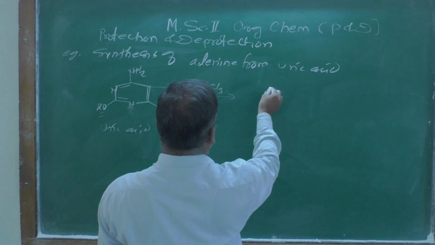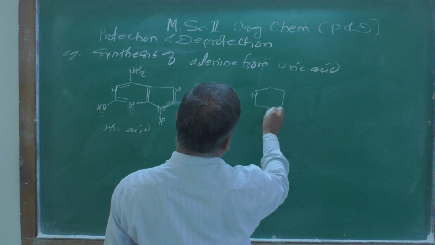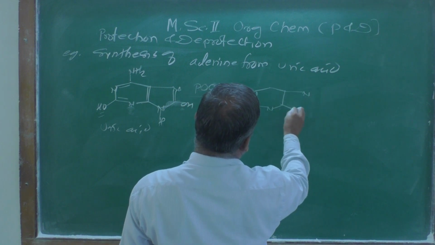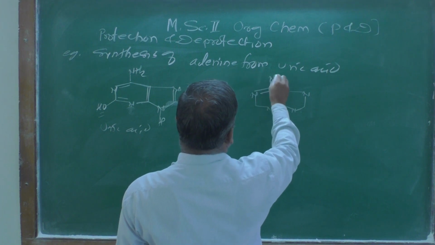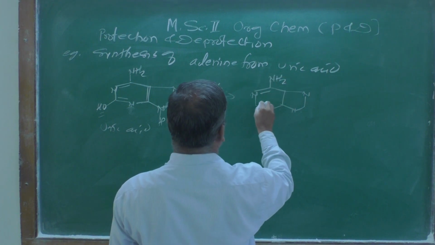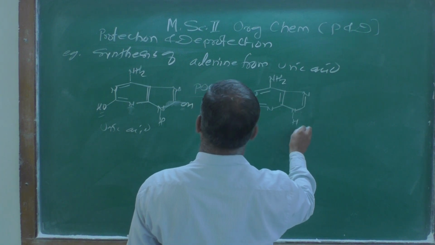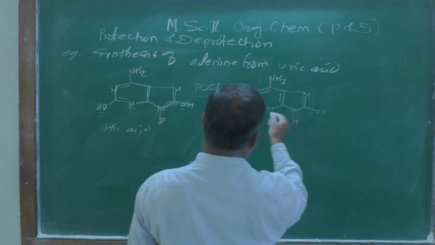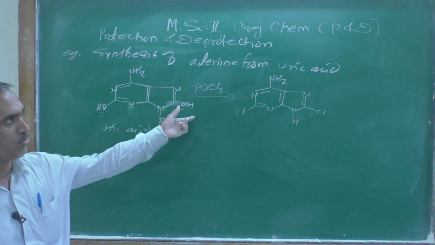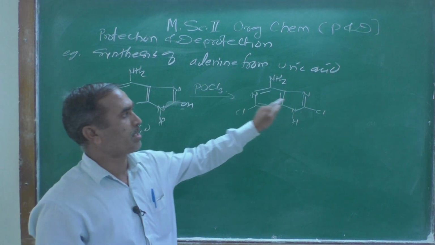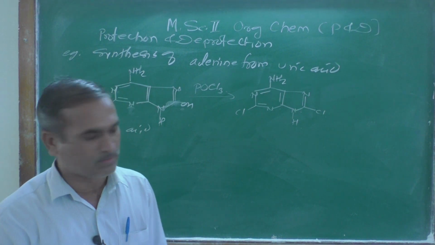So what do you get here? You are going to get a structure like this. Only these changes occur. The other part of the organic molecule remains as it is. Only the OH groups get replaced by chlorine atoms, and the resulting product is this one.